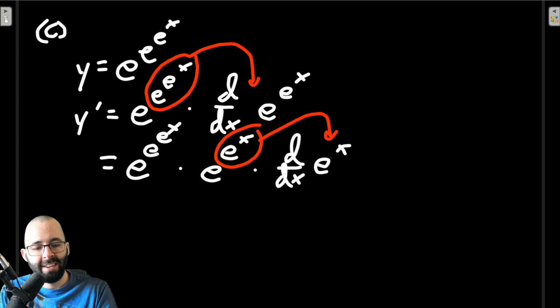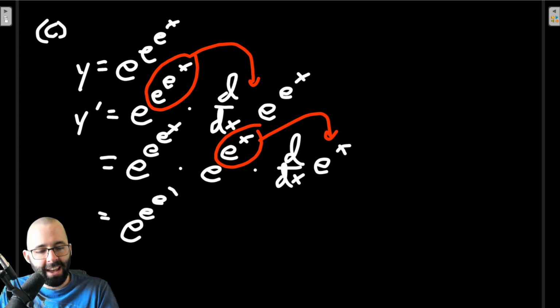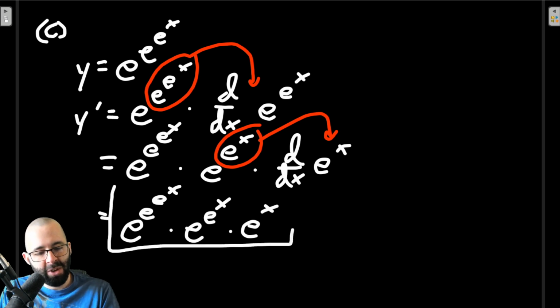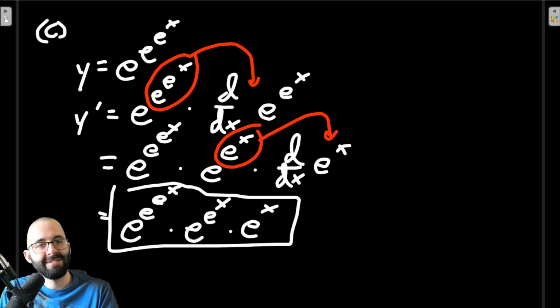We're almost done. First two things we're going to leave alone. E to the e to the e to the x times e to the e to the x. Derivative of e to the x is just itself. We got this beautiful little derivative right here.